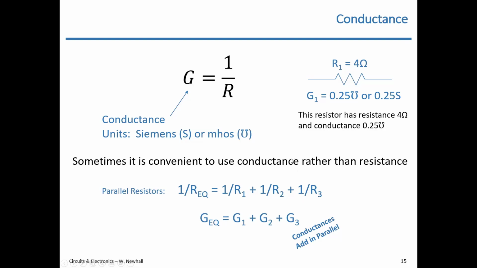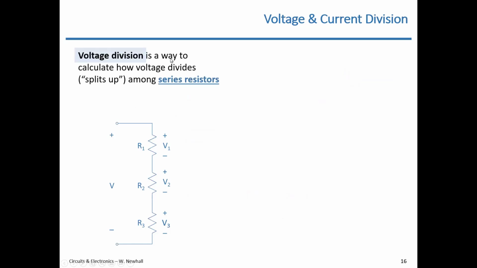All right, let's talk about voltage and current division, because this shows up over and over again. It's something good to know. Voltage division applies to series resistances. Here are series resistances, and voltage division is a way to calculate how voltage splits up among resistors.